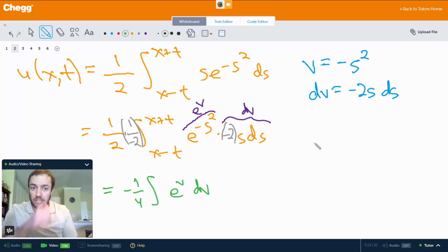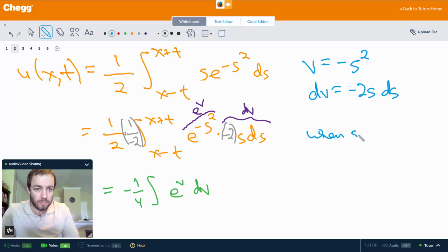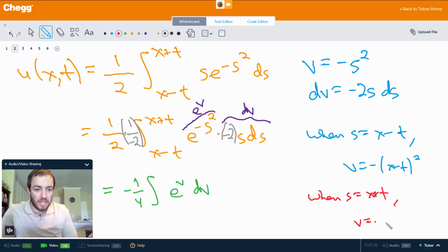Well, if v is minus s squared, then s ranges from x minus t to x plus t. So when s equals x minus t, what's v? v equals minus the quantity x minus t squared. And similarly, when s equals x plus t, v equals minus the quantity x plus t squared.